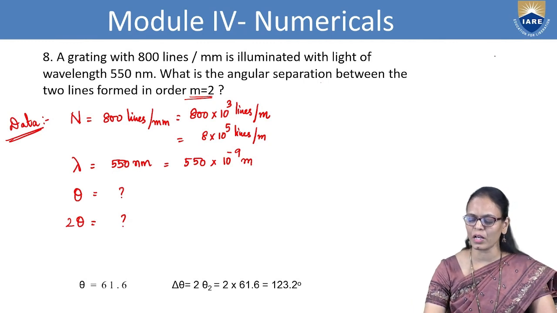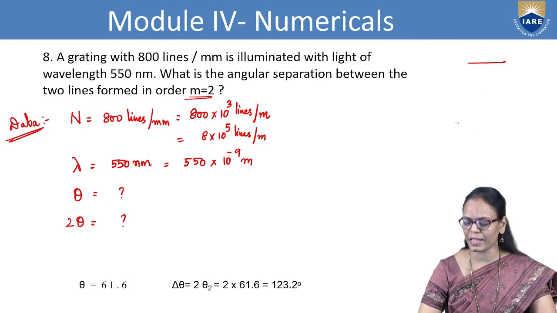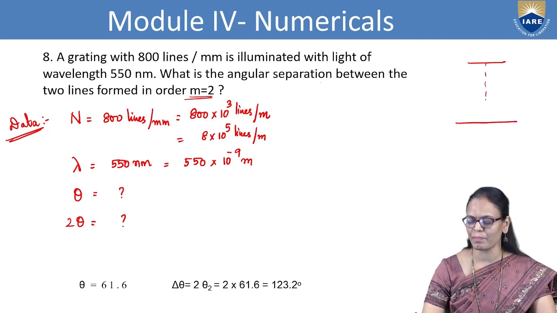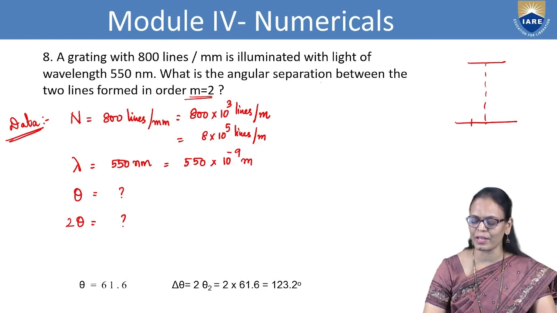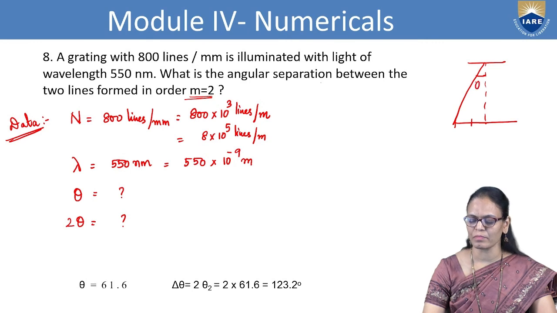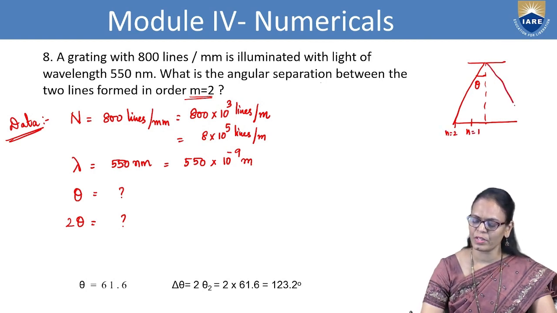So whenever we are talking about a grating, on the screen, this will be the central maxima. And suppose you have n is equal to 1 here, n is equal to 2 here. And for this we calculate the angle. So this is theta. The same way we have n is equal to 1, n is equal to 2. So here it is n is equal to 1.